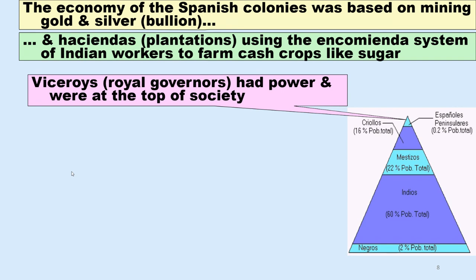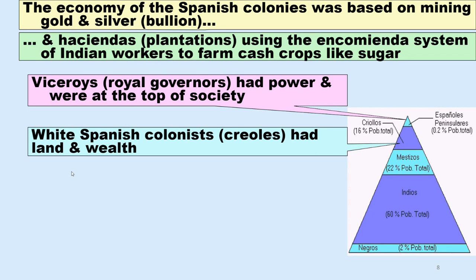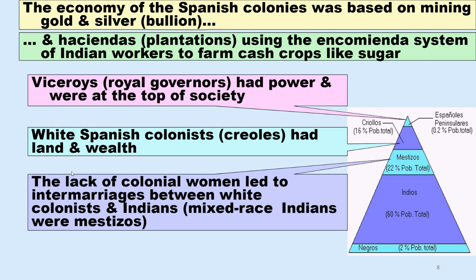Viceroys were sent, and they are the royal governors, and they are sent from Spain to the New World, and they are at the top of the social hierarchy. The next group are the Creoles, and the Creoles were people that were of Spanish descent but born in the New World. Then you have people of mixed race, and they were typically referred to as mestizos.